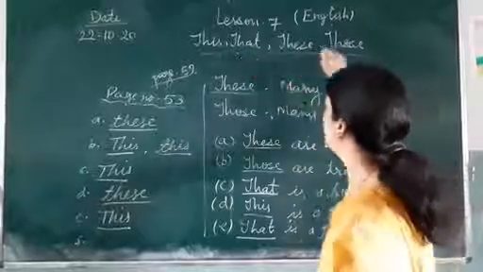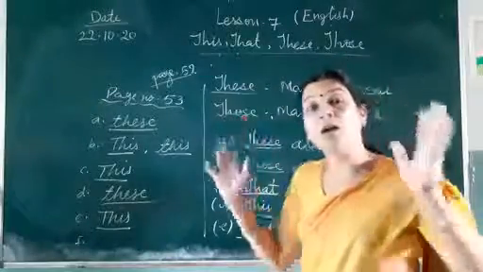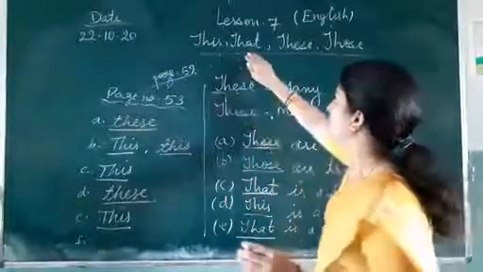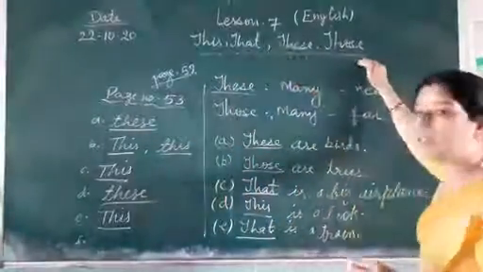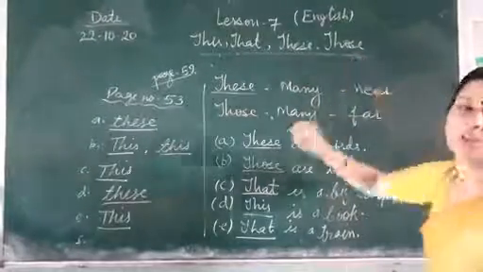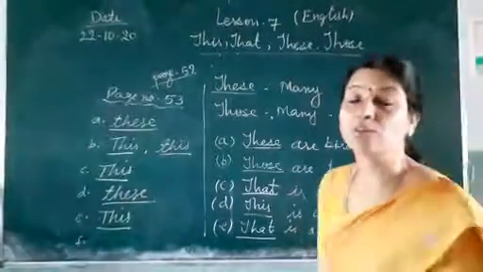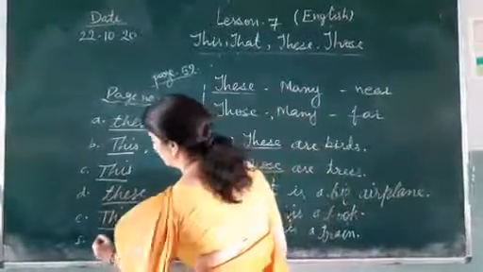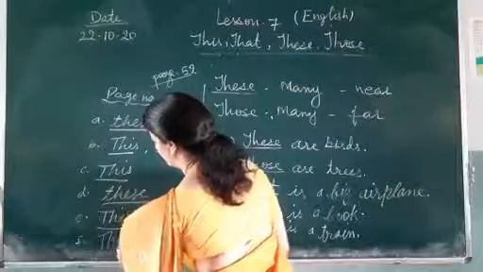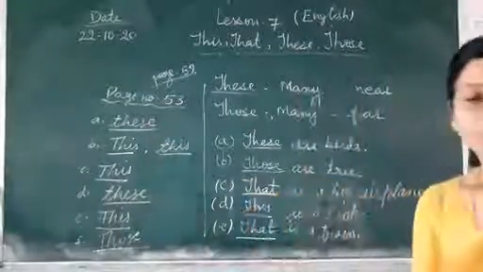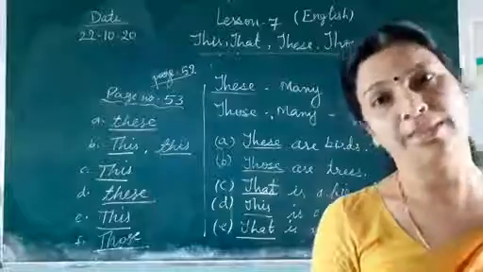Far के लिए that and those. अब अगर all are my things, it means things are many. That भी आता है far के लिए, those भी आता है. But things are many. That's why we will use those. Those are all my things.